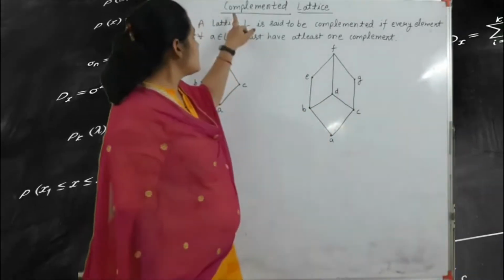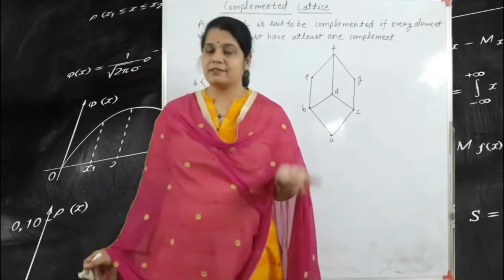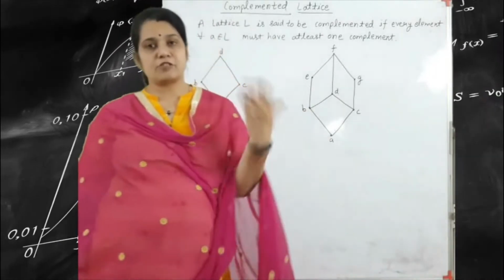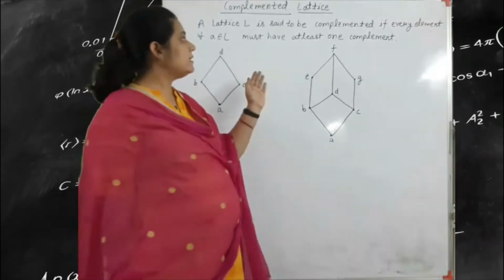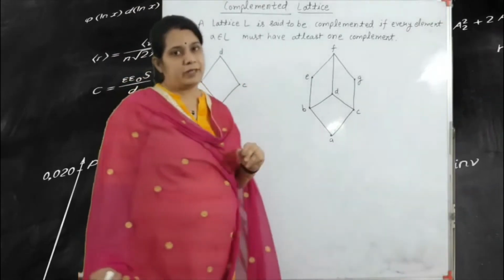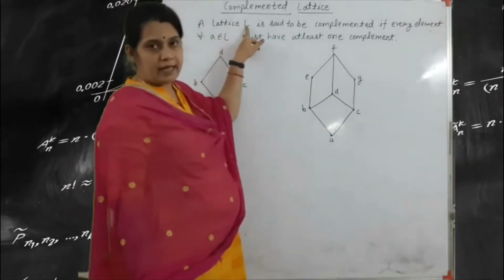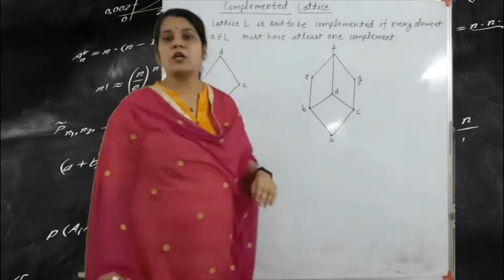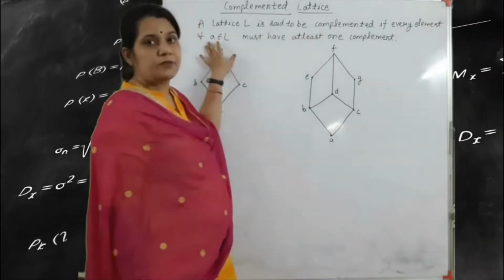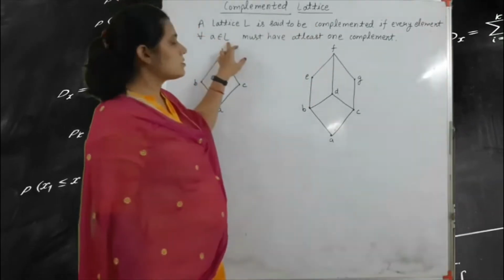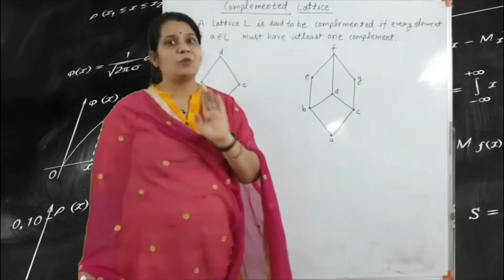Next is the complemented lattice, which is just the opposite of the distributive lattice. The distributive lattice has at most one complement, and here we need at least one complement. The definition is: a lattice L is said to be complemented if every element a belonging to L has at least one complement.